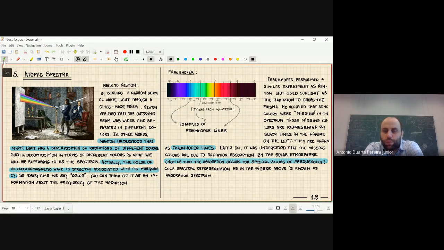How can we get white light? Well, when you say that a given light ray has a well-defined frequency, then you are just saying that you have made a selection of a specific frequency.